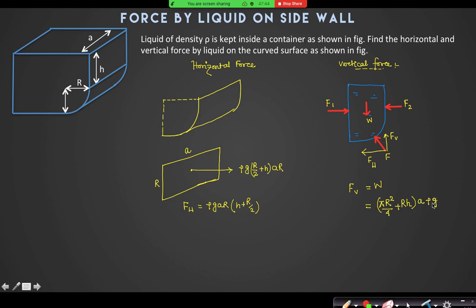Multiply it with rho g. This is the weight as well as the answer of this second question. So it is rho g A r, you can take r outside, into H plus pi r by 4. Yes, sir, that is the answer to the second question. Have you done it in any other method? No, sir. This method only. Yes. You can draw the free body of the fluid in order to calculate the vertical force always.